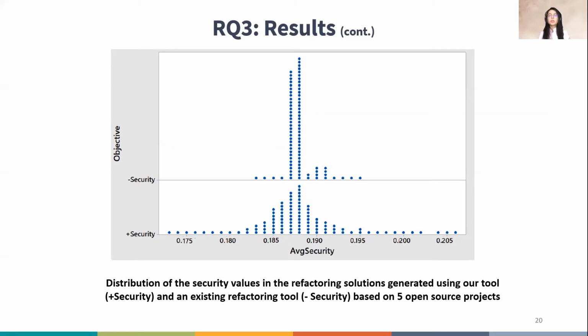Here we need to keep in mind that our goal is to minimize the security values. And the deviation may look small, but we should also keep in mind that the formulation of security metrics requires a lot of code change to slightly improve their values.